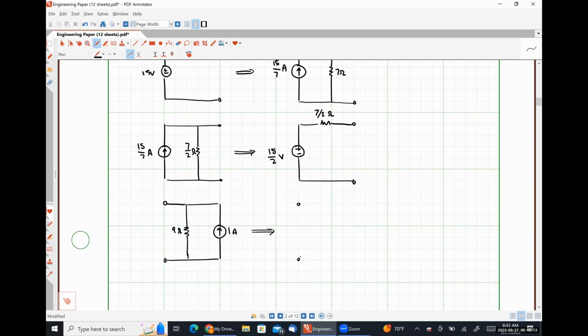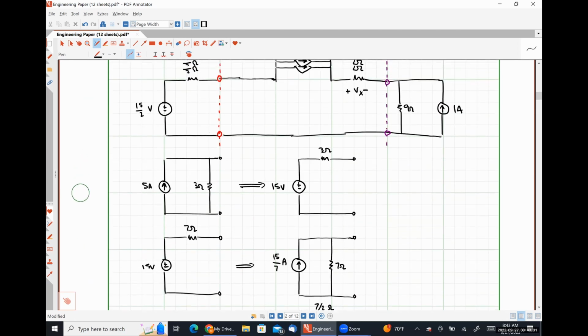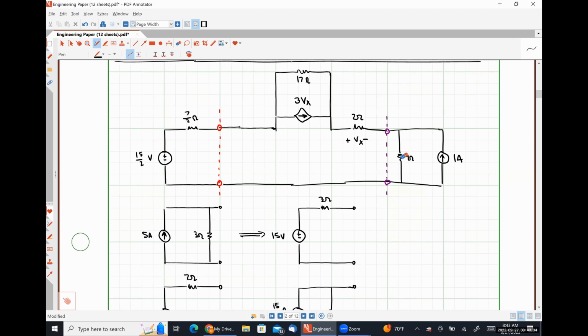A 9-volt source in series with a 9 ohm resistor. Absolutely right. So I can come up here and I can replace like so.